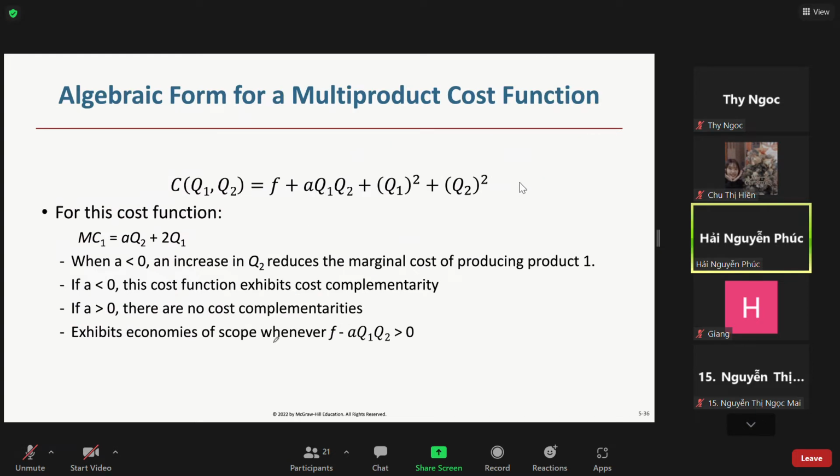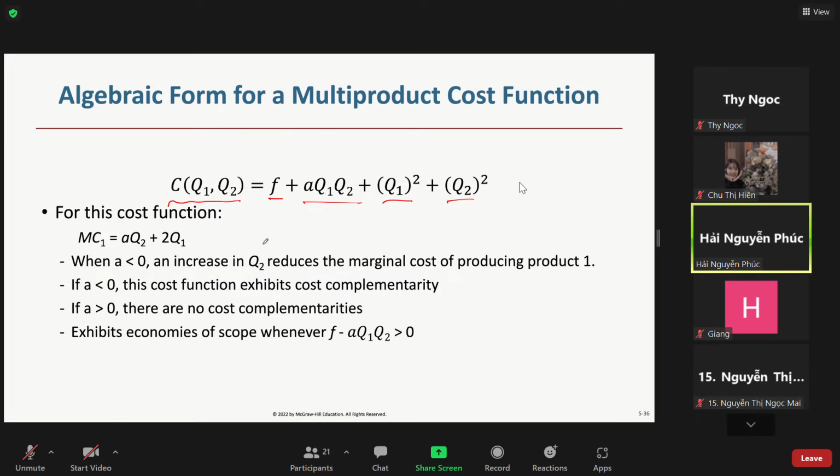Now let's take a look at the specific algebraic form of the multi-product cost function. To make it simple, we're going to use a simplification. Suppose we have a cost function when we jointly produce good 1 and good 2, C(Q1, Q2), and it looks like this: F + A Q1 Q2 + Q1 square + Q2 square.